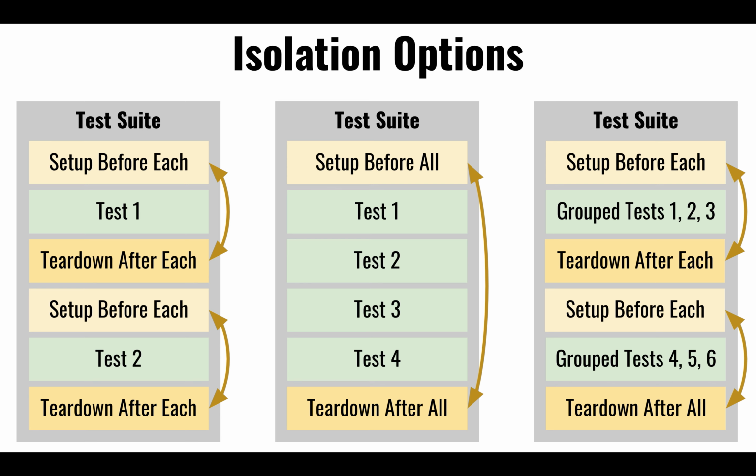So here, for instance, we have setup before each. We have two tests here, test 1 and test 2, and notice that setup is executed twice, before any one of the tests executes, and then notice that there's also a teardown that executes right after every single test.